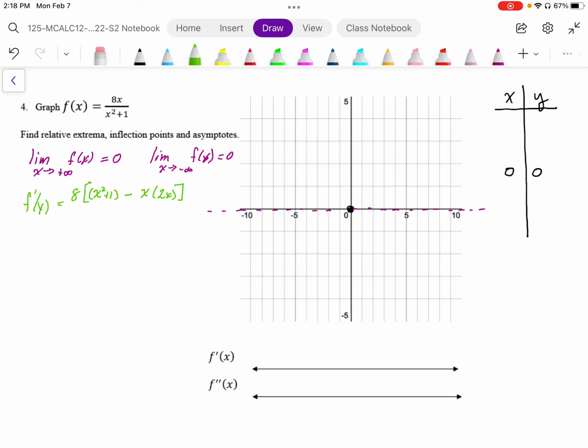And so that represents the derivative of the numerator. And so I end up with x squared plus 1 all squared in the denominator. I'm going to simplify that numerator. And so I end up with 8 times x squared plus 1 minus 2x squared.